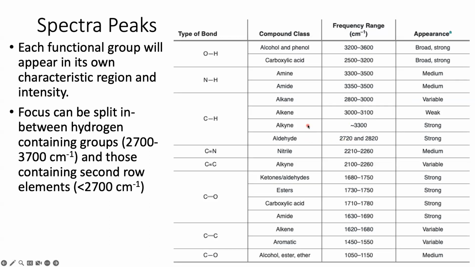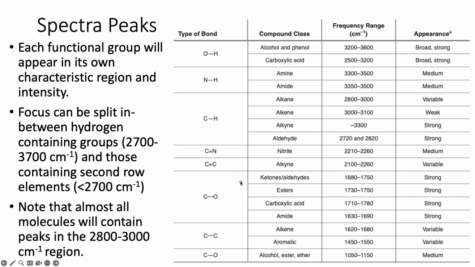Each one of these functional groups will have a slightly different frequency. And then we've got all of our vibrations that include second row elements, where we don't have any hydrogen, so it's mostly going to be carbon, nitrogen, and oxygen. These are all going to occur below 2,700 inverse centimeters. Again, we're mostly looking just at the stretches.